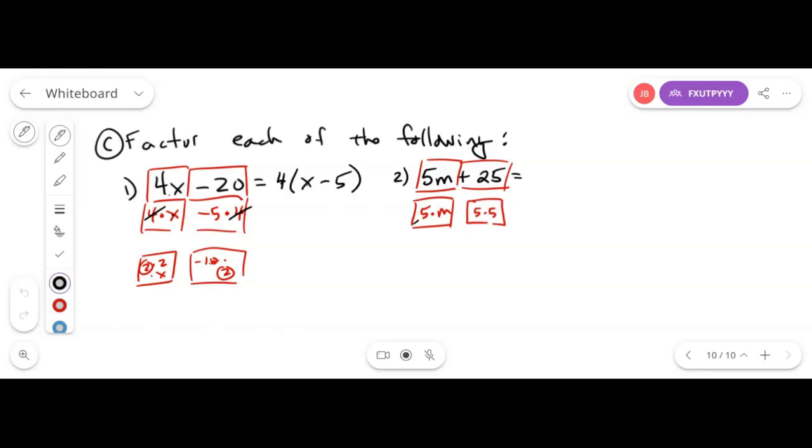I can take a 5 out of both boxes, and when I do, I'm left with m, that's a positive 5, so it's m plus 5. 5 times m is 5m. 5 times 5 is 25. You can check every single problem because you can look to see if I multiply it back out, will I get what I started with?